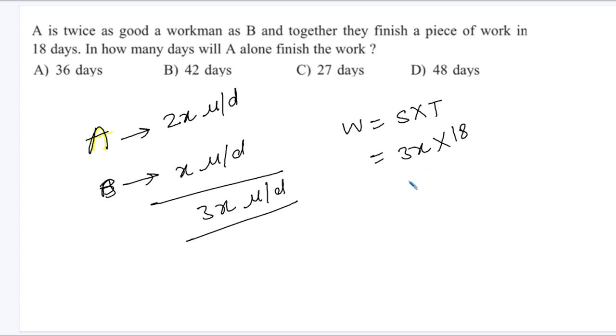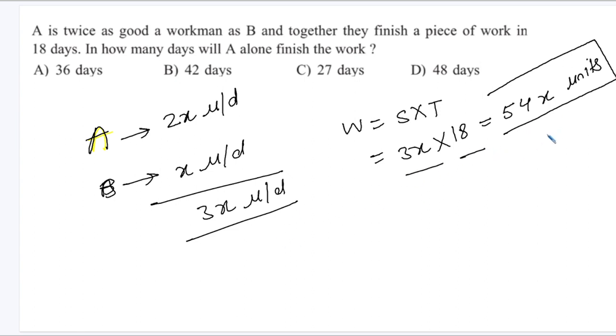I was told something about their efficiency, their speed and the number of days. So I can calculate the amount of work here. That will be 54x. This was the amount of work because they are finishing the work together in 18 days' time. So that means 54x units of work is being done here.